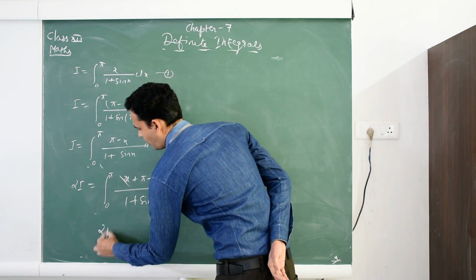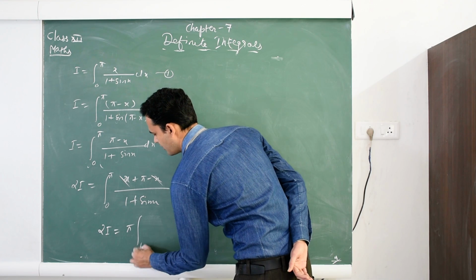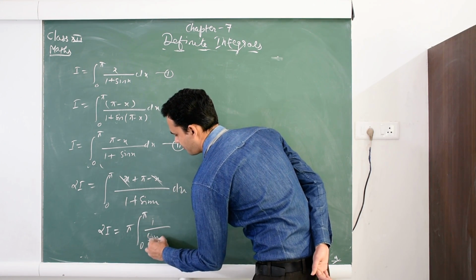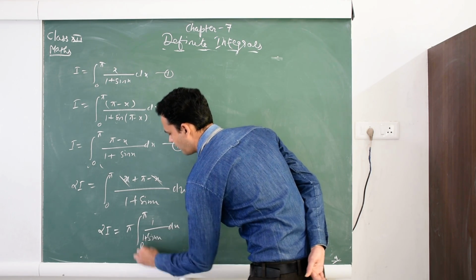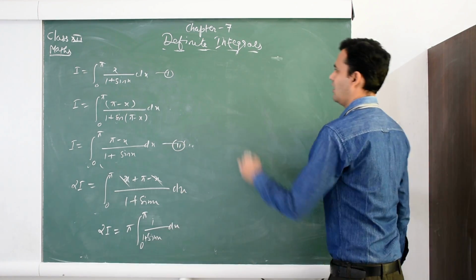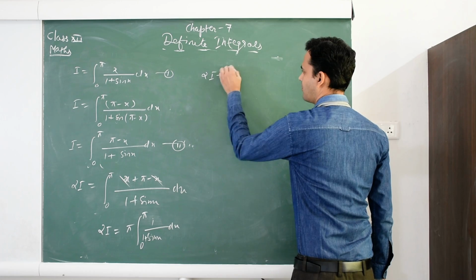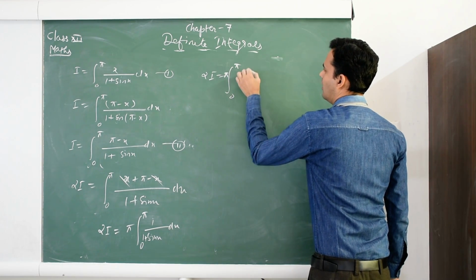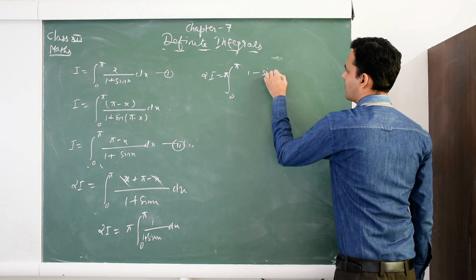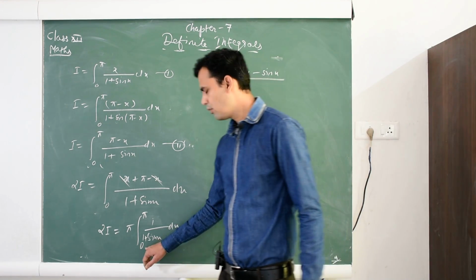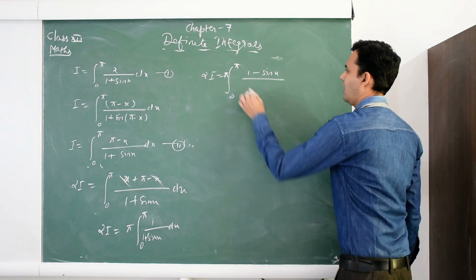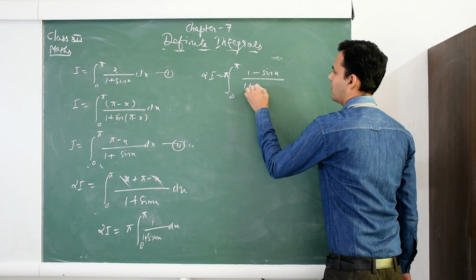So, we get 2I equals pi times the integral from 0 to pi of 1 upon 1 plus sin x dx. Rationalize the denominator. So, multiply and divide by the opposite sign of these two terms: 1 minus sin x multiply and 1 minus sin x divide.